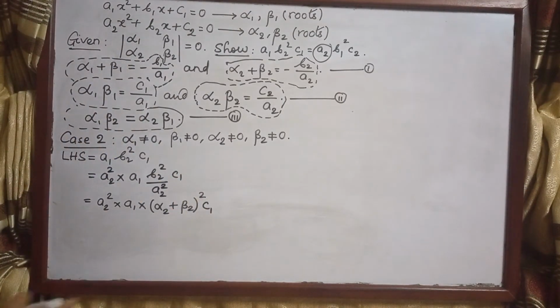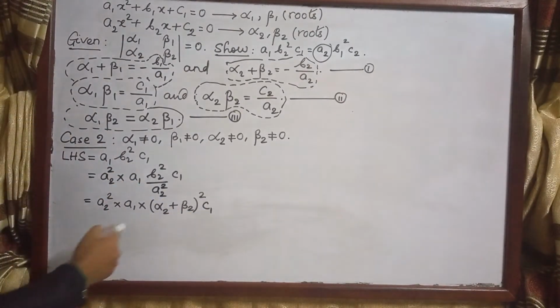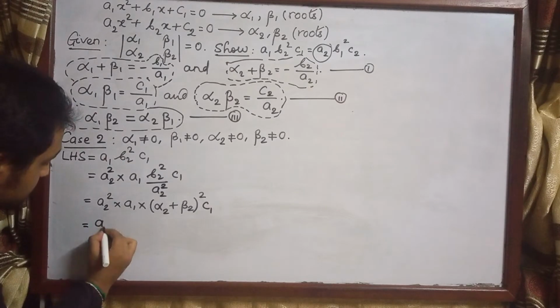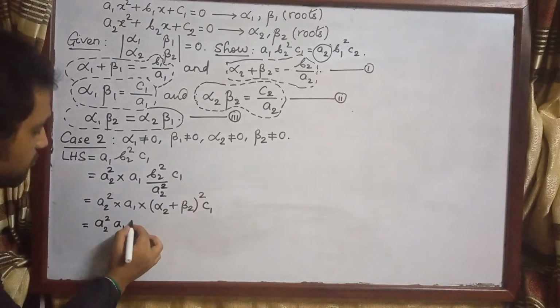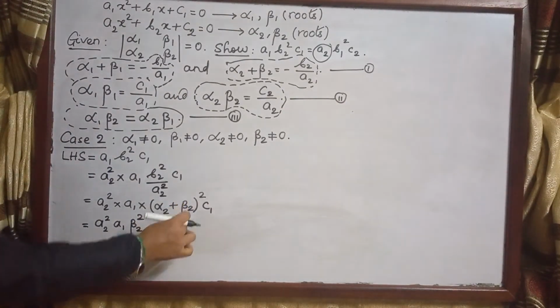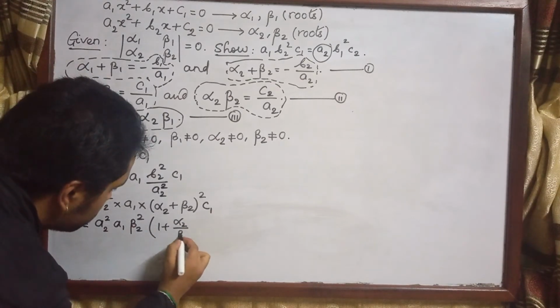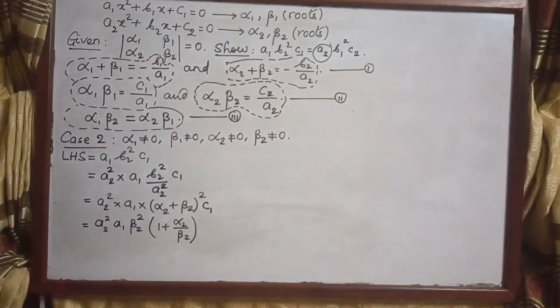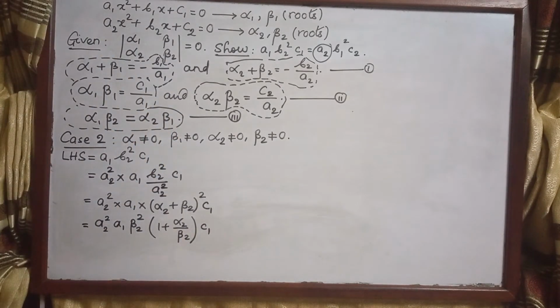Now let's take beta 2 out of this expression. Then since we have a square term over here, we're going to get beta 2 squared if we take beta 2 out of this expression, and we're going to get 1 plus alpha 2 over beta 2, and c1 as it is. Now let's look at this equation now. Equation 3.